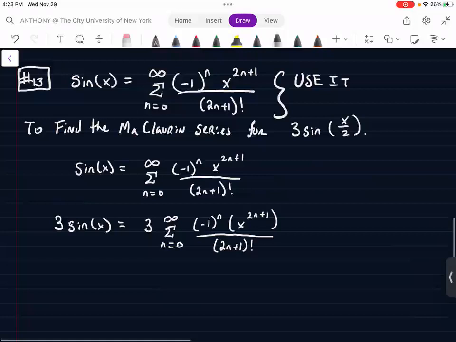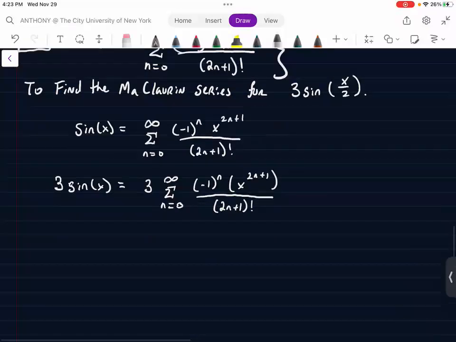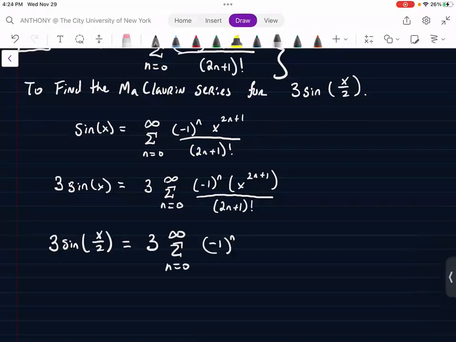There's a 3 on the right-hand side of the equation. You could leave it alone. That could just stay outside. So you get 3 sine of x over 2 equal to 3, the sum, n equals 0 of -1 to the n. Now, x is being cut in half, so you have x over 2 raised to the power of 2n plus 1, all divided by 2n plus 1 factorial.